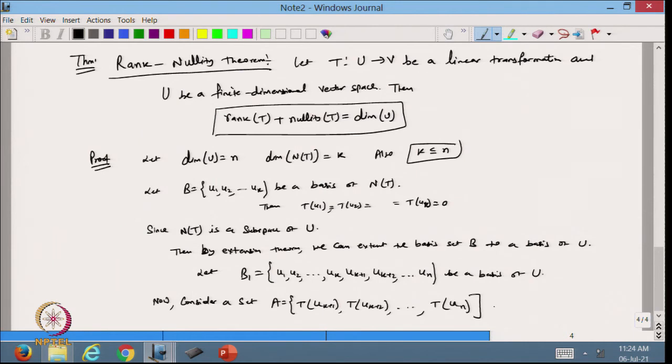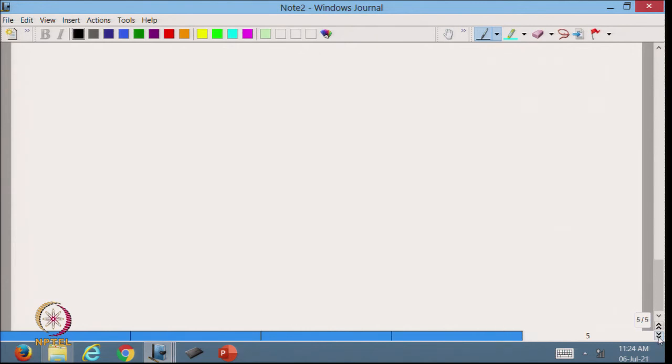So, this A contains n minus k elements. Okay. So, I consider the set A. Now, we need to prove that A is a basis of range space R T.